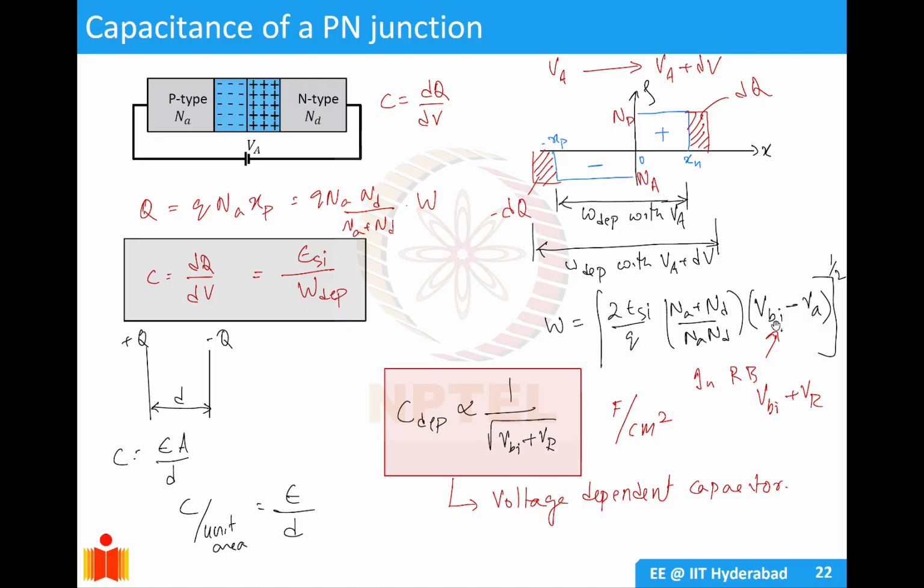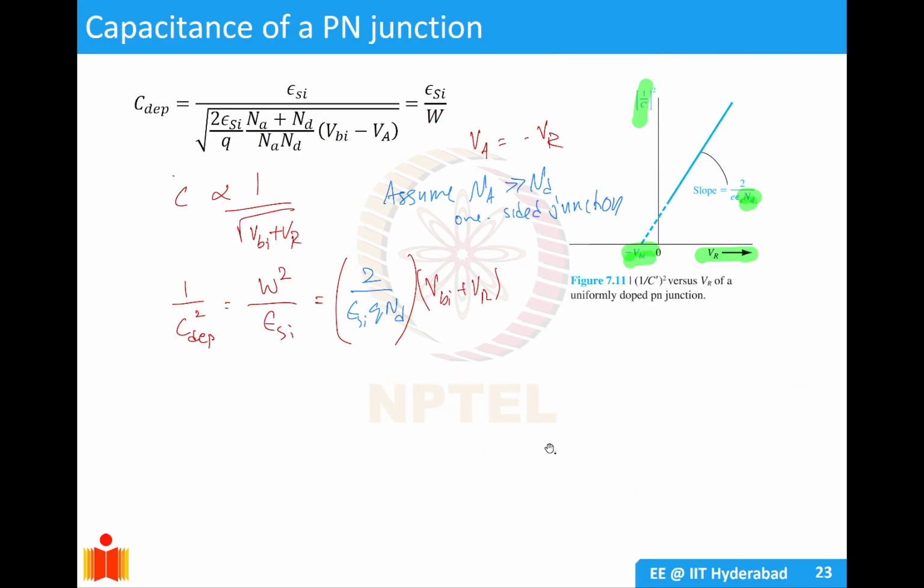So this will be higher in reverse bias and lower in forward bias. When this goes in the denominator, everything else is constant, so our C depletion becomes proportional to 1 by square root of Vbi plus Vr. So the capacitance is dependent on the voltage.